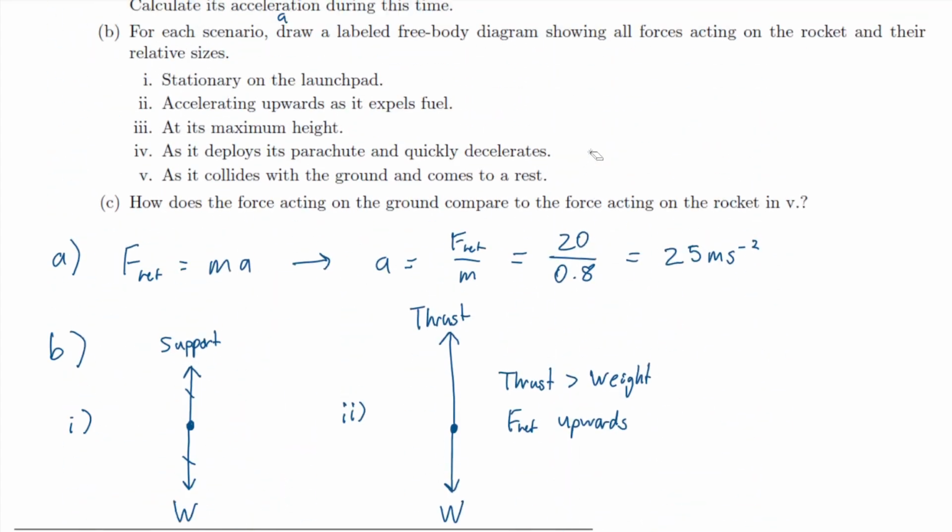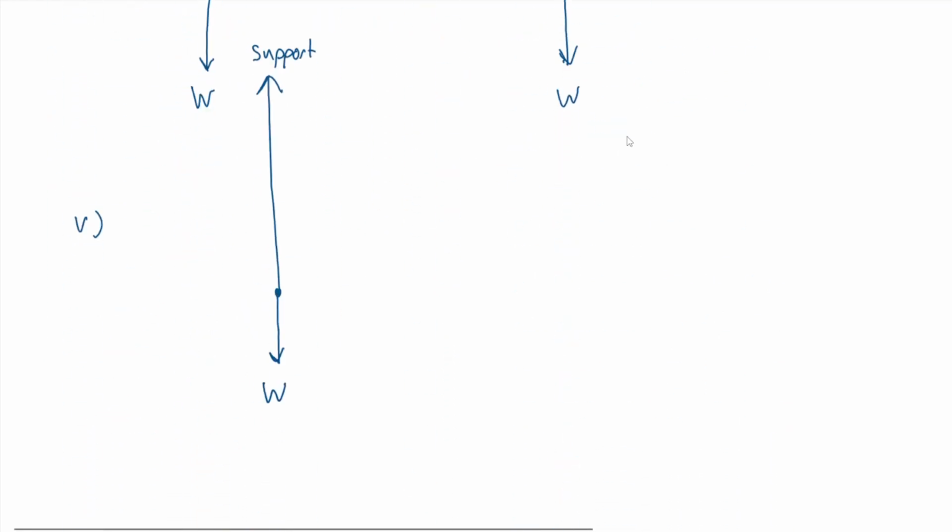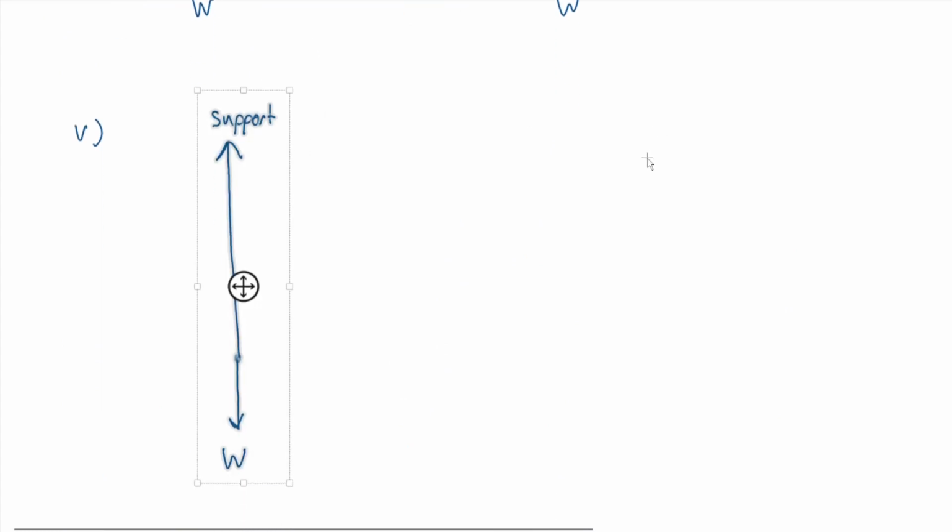And our last question, part C, how does the force acting on the ground compare to the force acting on the rocket in part 5? So we just talked about this one. Now in part C, the ground is providing that support force on the rocket.